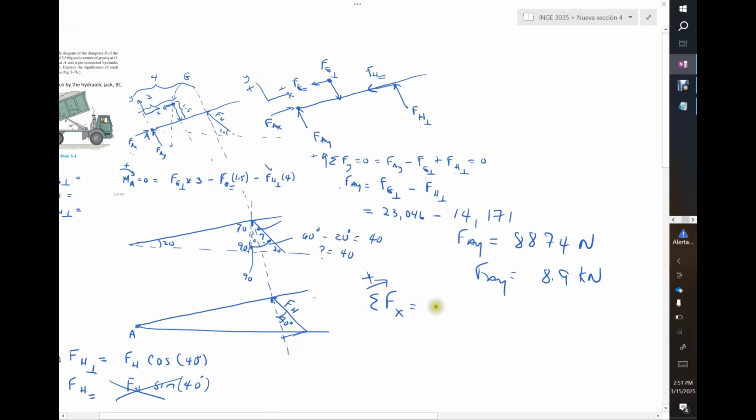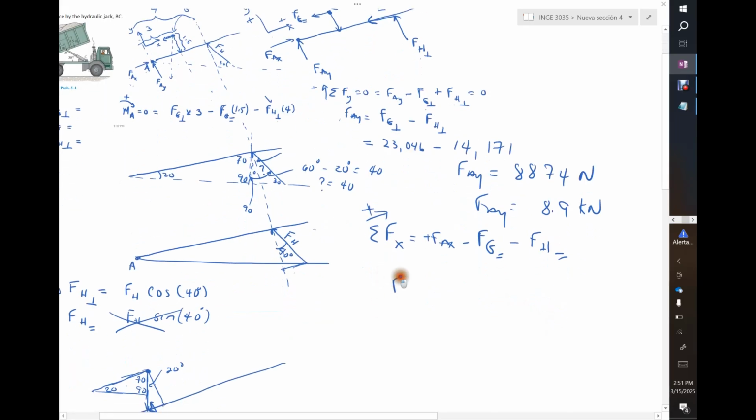Then FAx is positive, but then this force is on the negative, so minus FG, which is parallel to the bar, minus FH, the hydraulic jack, that is also parallel, meaning that the force in X will be FG parallel plus FH parallel as well.